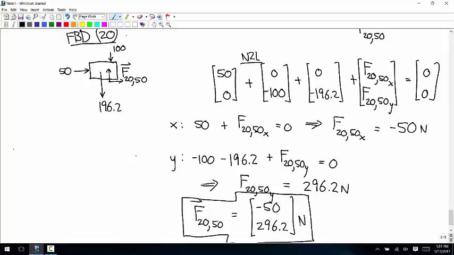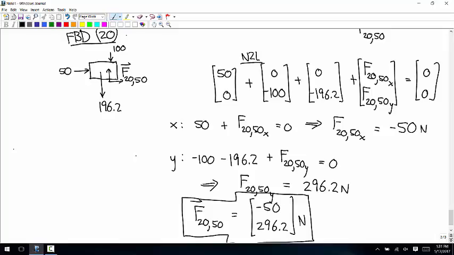So what we have here is, if you wanted to break it up into a normal force and a friction force, the normal force is the force in the positive y direction in this problem, and the friction force is that negative 50 in the x direction. But we might as well just do it as vector components and leave it at that.